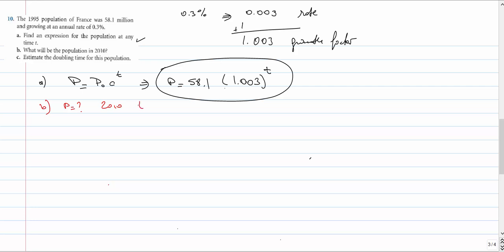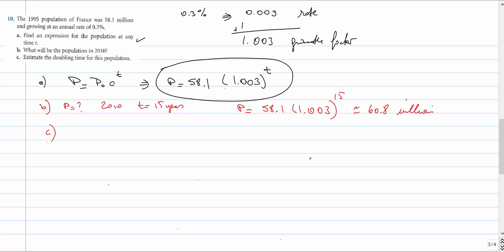From 1995 to 2010, 15 years have passed. So population is 58.1 times 1.003 to the power 15. This should give you approximately 60.8 million.